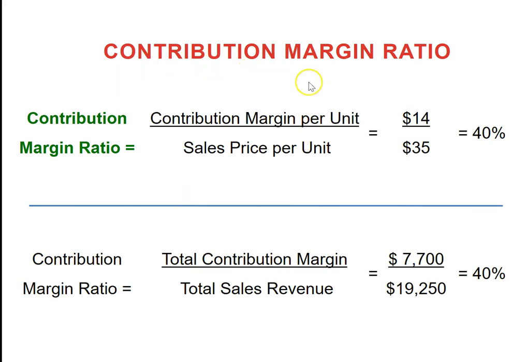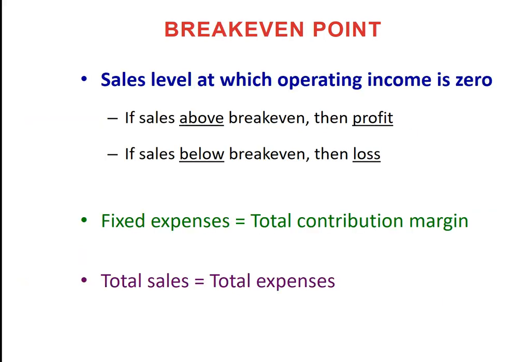So contribution margin ratio is the expression of contribution margin in terms of sales, and we will see that we can use this contribution margin ratio for determining break-even point or for determining a certain amount of production level to achieve a certain target profit.